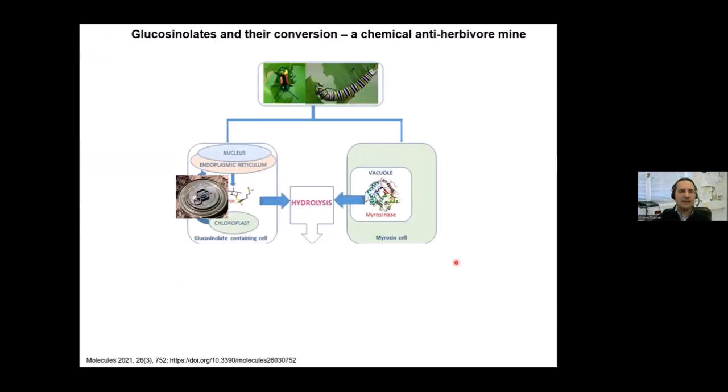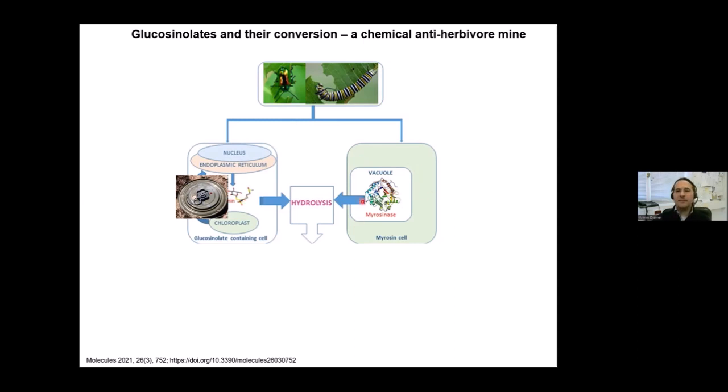And how is this done? If you think of a highly dangerous chemical here, which has the potential to kill any living thing, this is done by compartmentalization. And this is also, again, a very important aspect if you want to understand the plant immune system. So there are cells inside the tissue which contain the glucosinolates, this chemical compound which can explode, if you want.